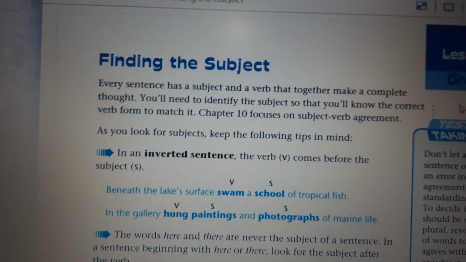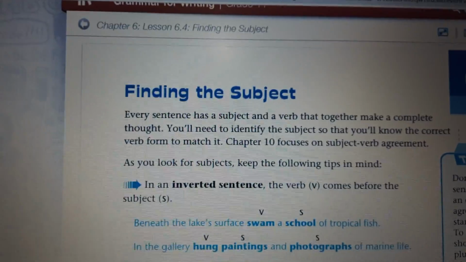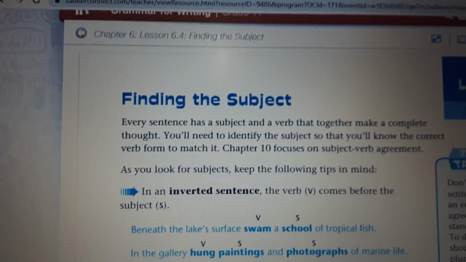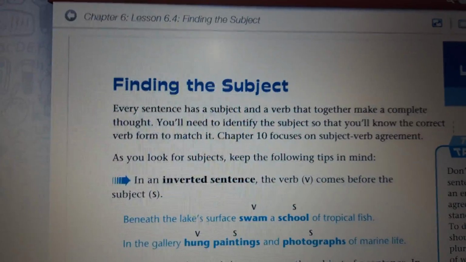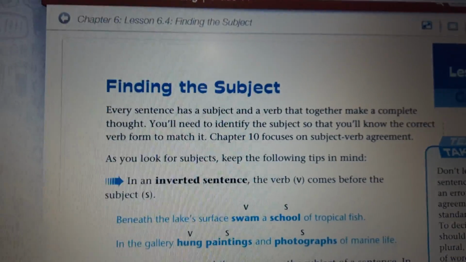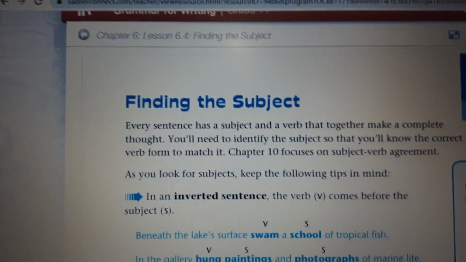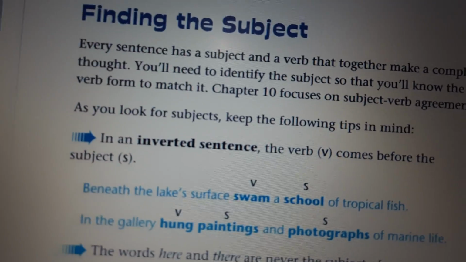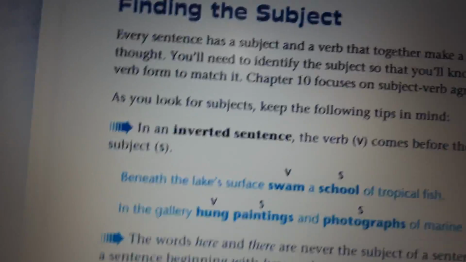Because in every lesson I gave you, we have a subject, in every sentence we have a subject, and in every example we have a subject. But now I'm going to explain it in detail so you can learn more about finding the subject.